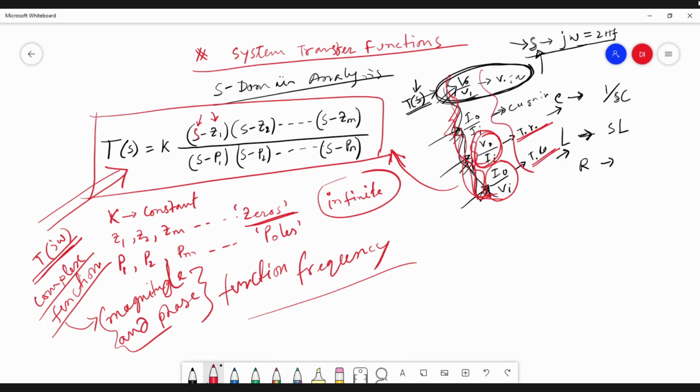For the time being, you can keep in your mind that there are four combinations possible: output voltage by input voltage, output current by input current, output voltage by input current, output current by input voltage. That's all. This is trans resistance and this is trans conductance. Is it okay? Yes, sir. I didn't go into details here. We'll discuss all four types later on.